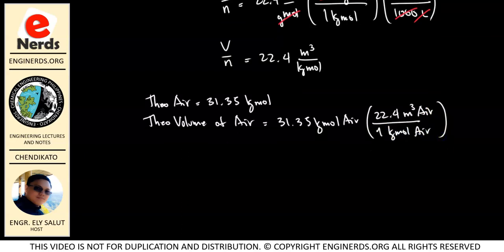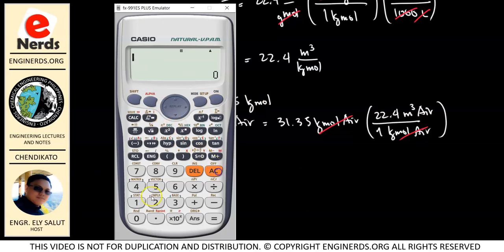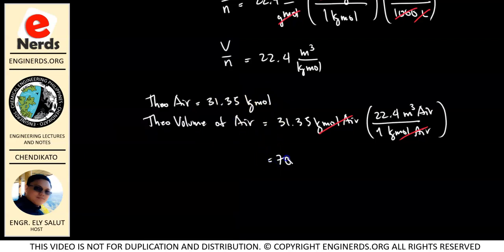Okay, so this will be cancelled out. Okay, so therefore, ang magiging sagot natin is 31.35 times 22.4. So we have 702.24 cubic meter of air. So yan ang ating theoretical volume of air. Okay, so ito yung answer natin for the first problem.